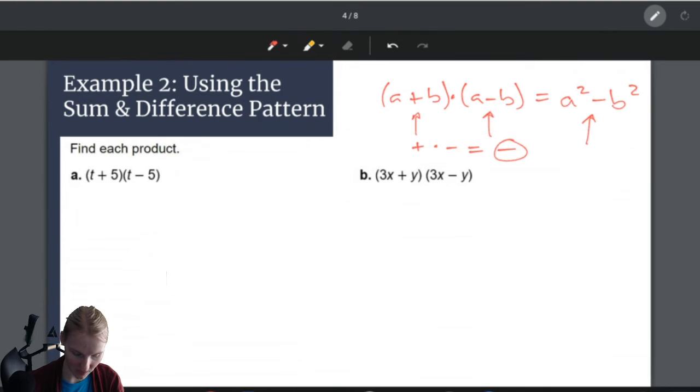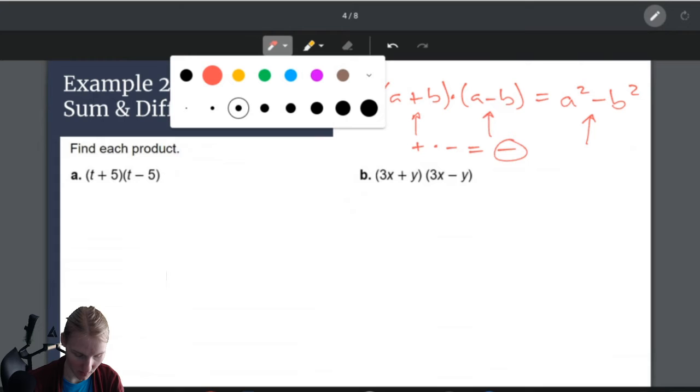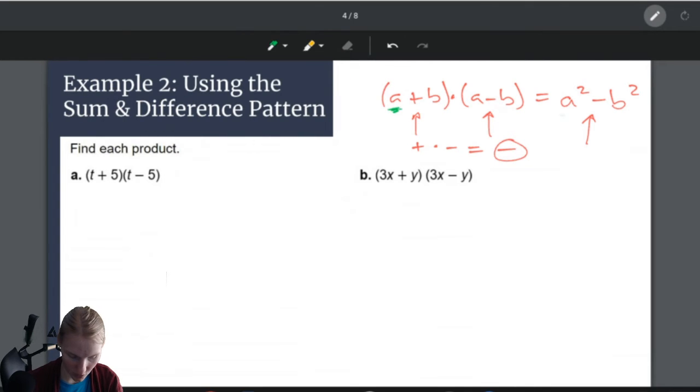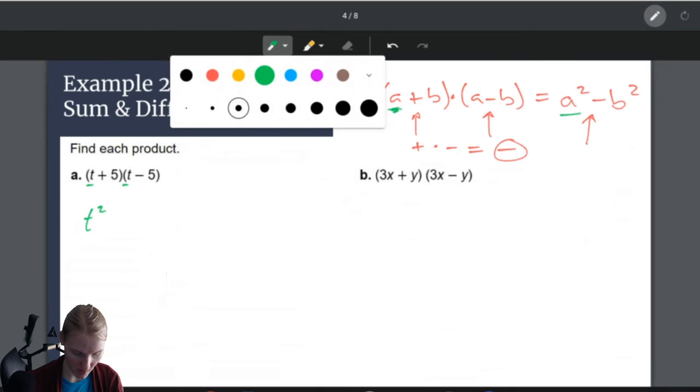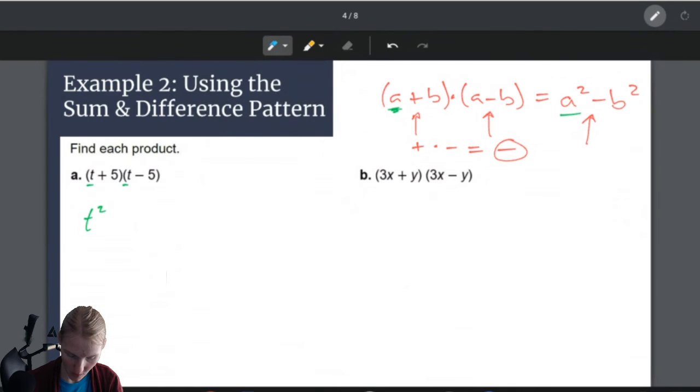Okay, so let's take green. And we're going to take our first term, a, and we're just going to square it. So we have t here. T squared is t squared. Seems easy enough. Now, blue. We're going to take our second term, the b, which for us is the 5, and we're going to square it. 5 squared is 25.